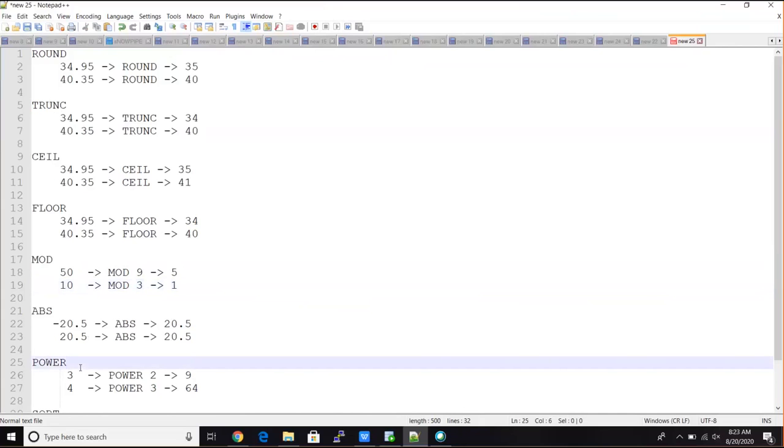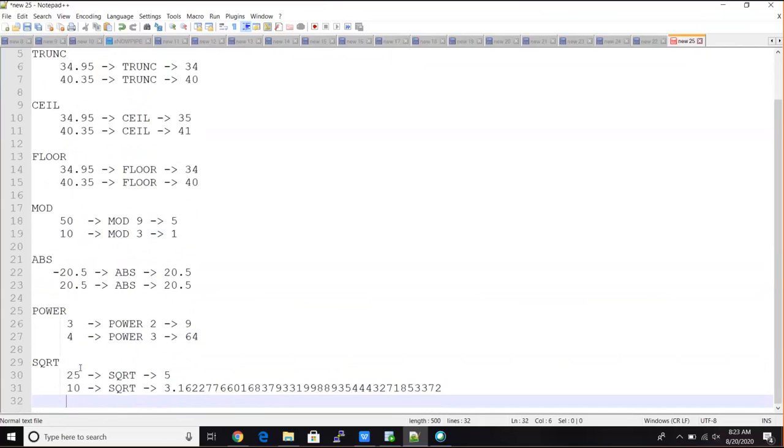Now, if you go to power, this is kind of getting the exponential value. 3 power 2 means 3 into 3, which is 9. 4 power 3 means 4 into 4 into 4, multiplying 4 three times, so that will be 64.